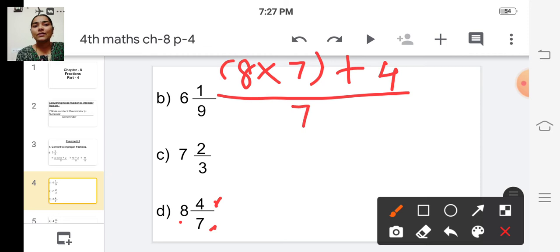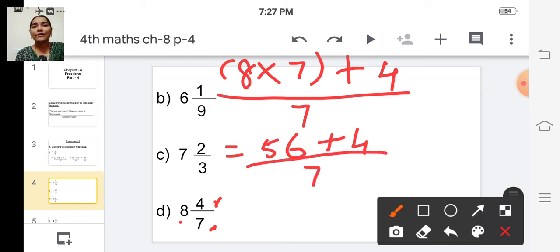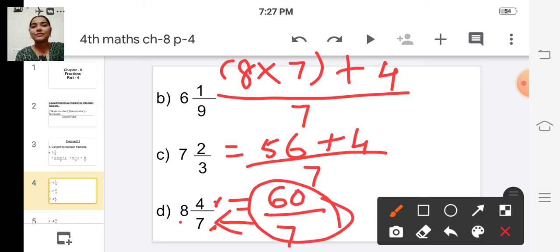Denominator is 7, which is equal to 8 7s are 56. So 56 plus 4 divided by 7. 56 plus 4 is 60. So 60 divided by 7 is the improper fraction for 8 4 by 7.